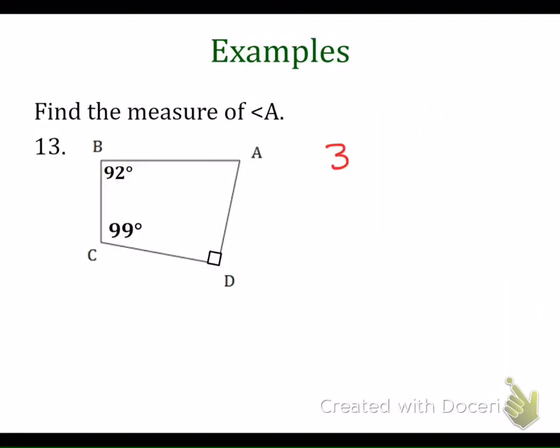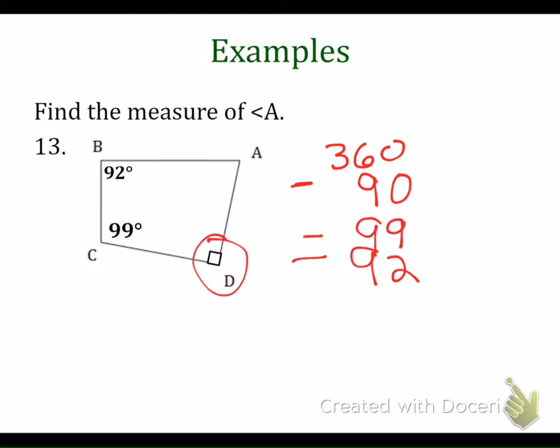Find out A, but a right angle is 90. So minus 90, minus 99, minus 92. It should be less than 90. Maybe 79?